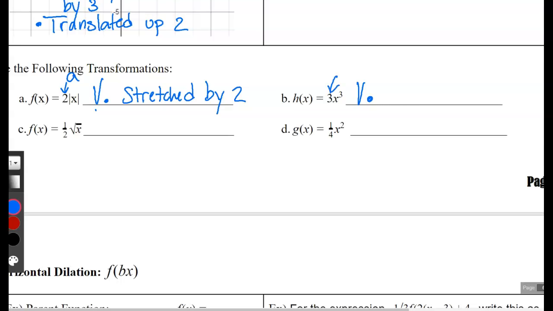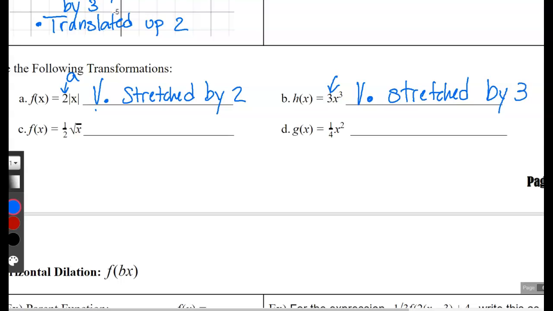So if it's a 3, is that a stretch or compress? Stretch. Yes, so we say vertically stretched. And then what do we say lastly? Yes, by 3.